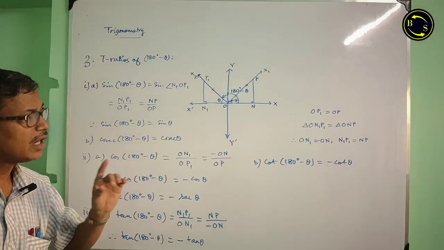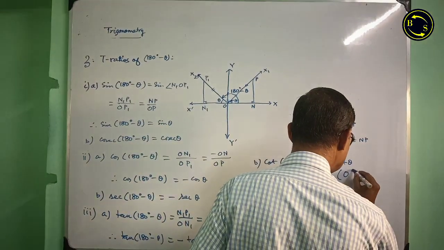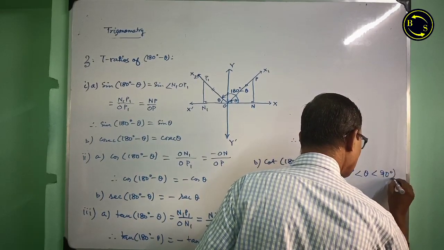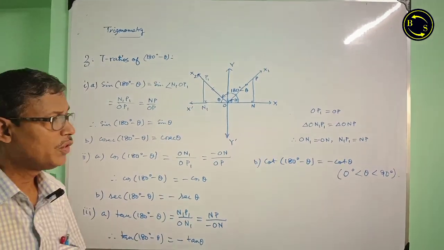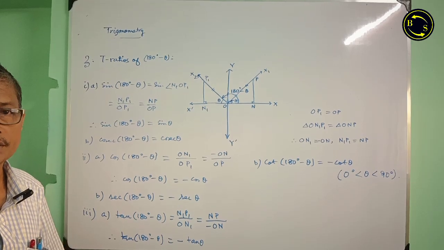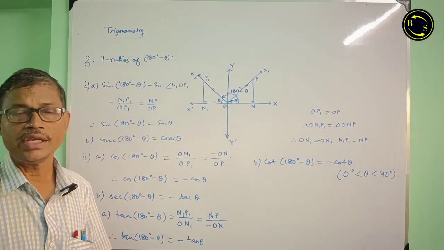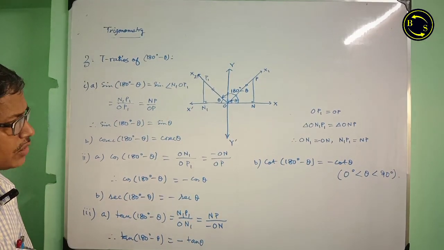Initially, we take theta that will lie in between Thus, from starting, we have found trigonometrical ratios of negative angles, then trigonometrical ratios of 90 degree plus theta, then trigonometrical ratio of 180 degree minus theta.